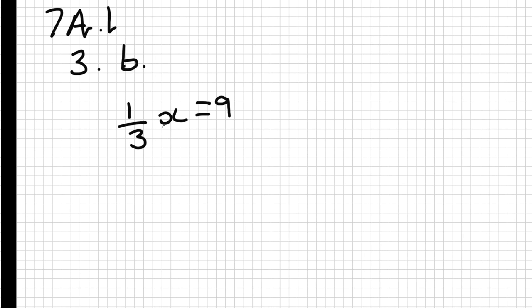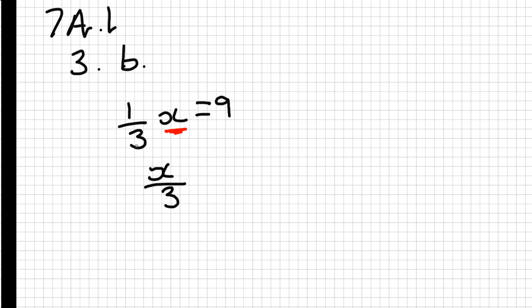So remembering, we want to get this x here all by itself. We have this 1/3 here. Now we can rewrite 1/3 x simply as x divided by 3. Remember that.